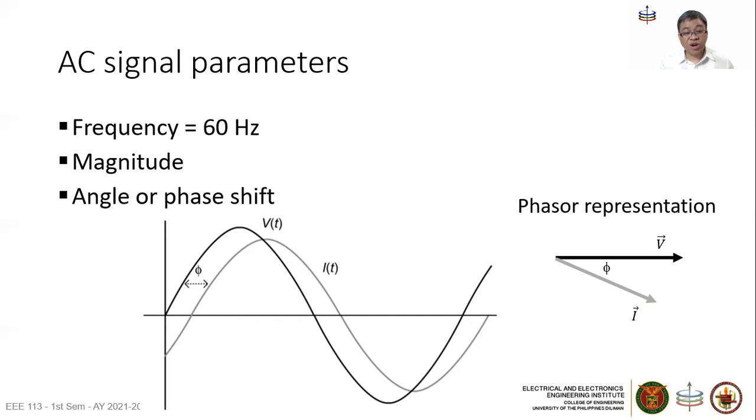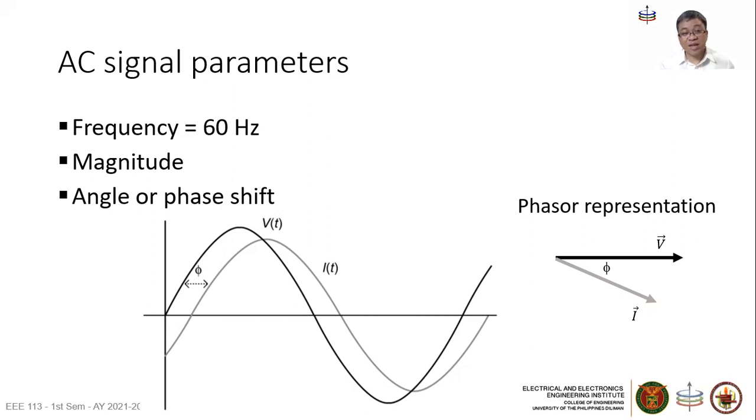We likewise have current here, I of t. We represent it as another phasor, a gray phasor here, with a magnitude I, that's the effective value of the current I, and angle phi here. Take note that that angle phi with respect to the voltage is captured here as well. That's angle phi with respect to the V as our reference.